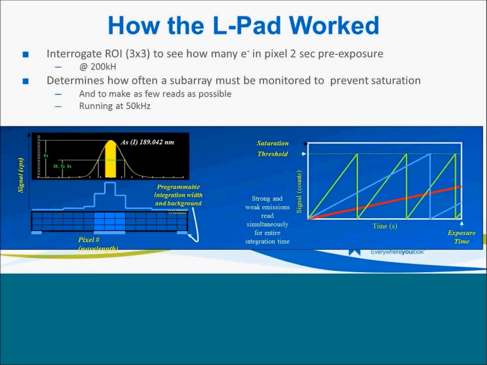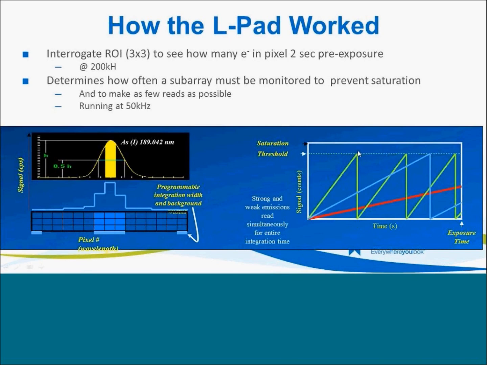And this was a way to sort wavelengths into classes: really bright, not so bright, and really dim. So what we would do is monitor the intensity in these pixels here. Do a 2-second read, and we have lines that are really bright, and we would sort them. We know a line like this green one, very intense, goes up to the threshold very quickly.